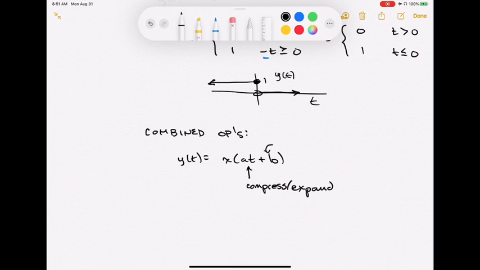And because I've got the plus b, that should be a shift operation. So both time scaling and shifting are involved here. The problem is, which one do you do first? Do you shift and then compress or expand, or compress or expand and then shift?